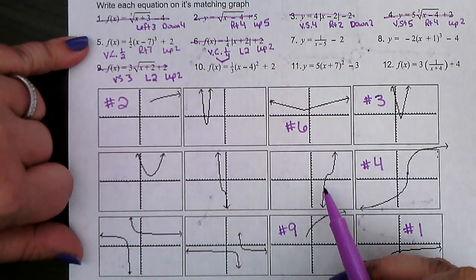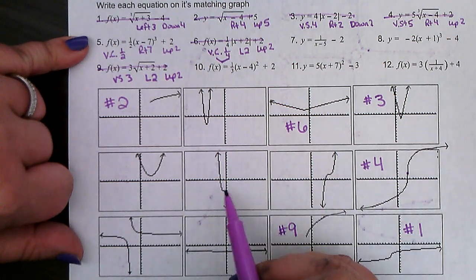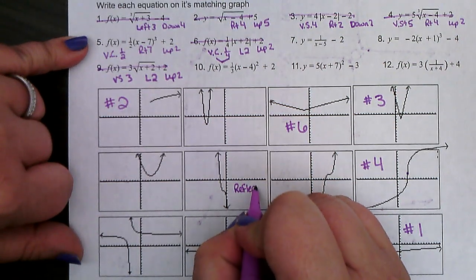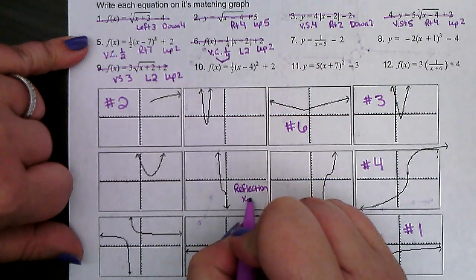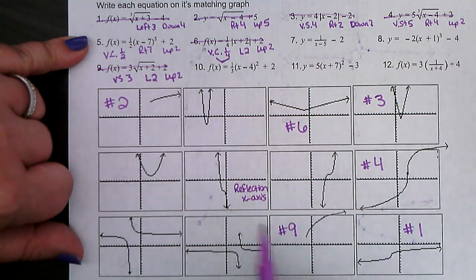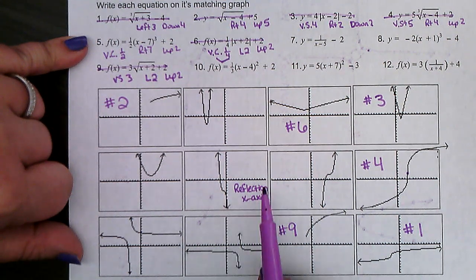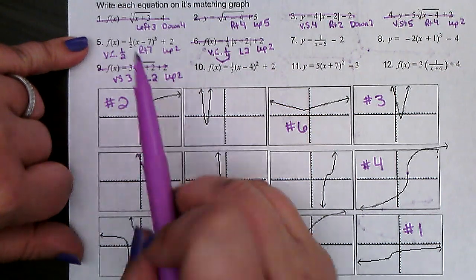Looking though, on this one the right side goes up, and on this one the right side goes down. The right side switching tells me this one has a reflection over the x-axis. Anytime it switches and what should be going up is now going down, that means I have a reflection. So in the equation for this one, I should have a negative immediately after the equal sign.